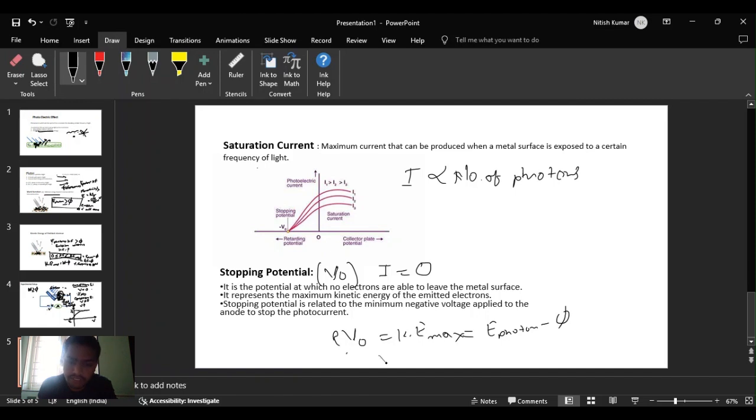So from here we can calculate V naught as 1 upon e times (h times f minus phi). So this is the stopping potential that stops even the maximum kinetic energy electron.